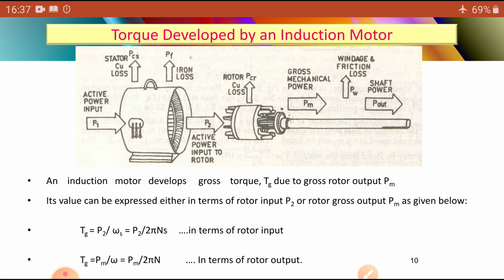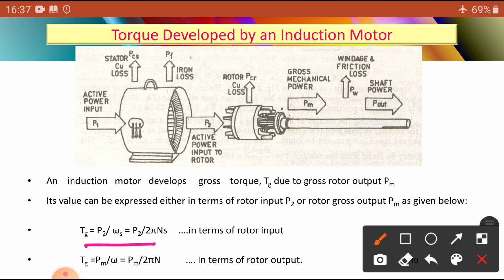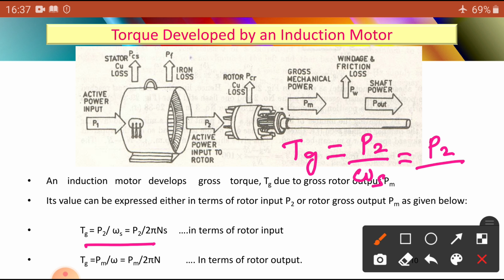So we can write it here: Tg, the gross torque, is dependent on the total input to the rotor, that is P2. What is the angular velocity? Synchronous omega. So we can write P2 by 2 pi Ns by 60. Okay, that is the input to the rotor.